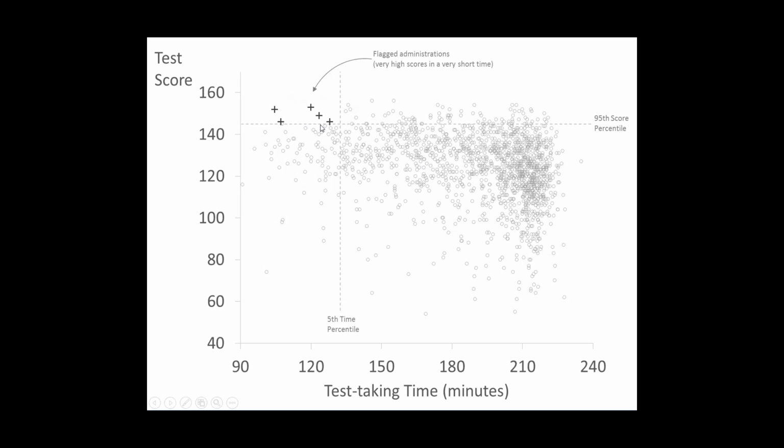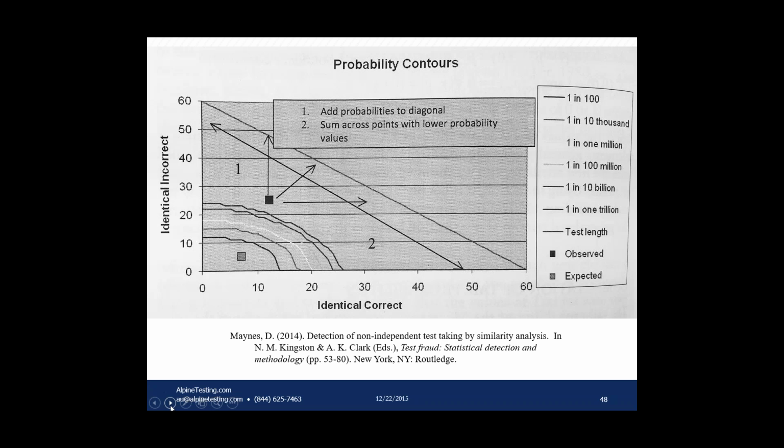Then we also added a couple guidelines that showed we want to highlight people with very high scores, in this case above the 95th percentile, and very low test-taking time. And then we also added a label here, saying this is where we want you to look, and here's why. These are very high scores in a very short time. So you can see that this is easier for somebody to understand the point of the graph than the previous one.